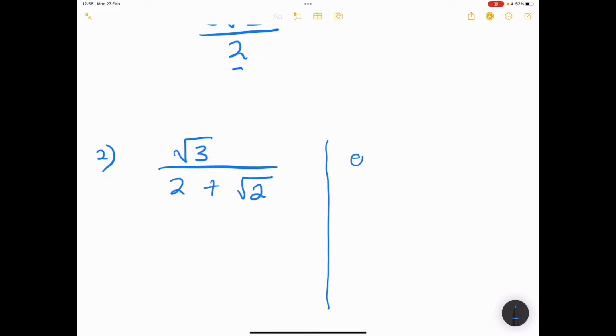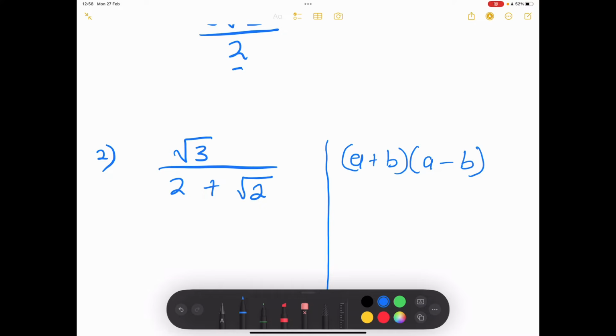So if I've got a plus b multiplied into a minus b, what does this result in? Okay, very quickly, I want to show you in this case. So you have a multiplied by a, that will give you a squared. You've got a multiplied by negative b, which would give you minus ab, okay?